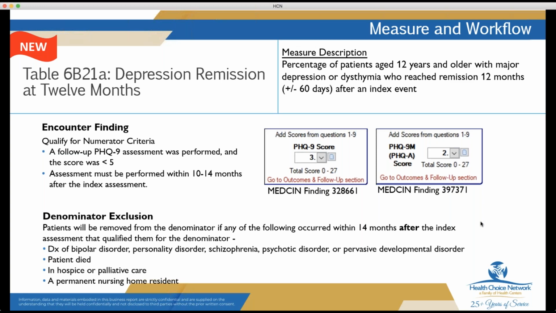If the patient had passed away during that 14-month period after the index assessment, that will exclude the patient from the numerator and denominator. Or if the patient is in hospice or palliative care or is a permanent nursing home resident, and those two events are documented by way of medicine findings. Okay, so those are the exclusions for this measure.